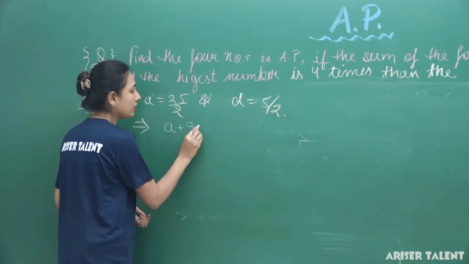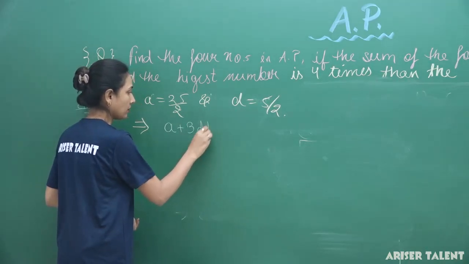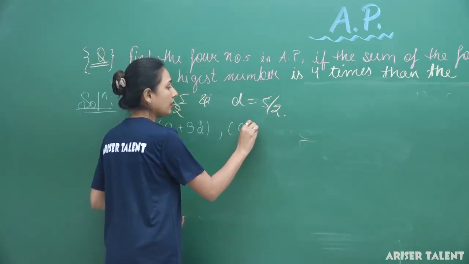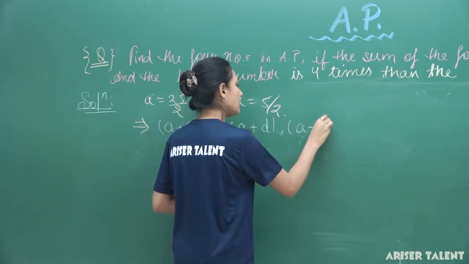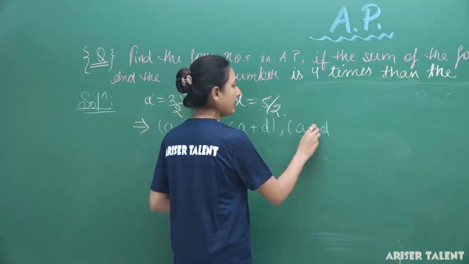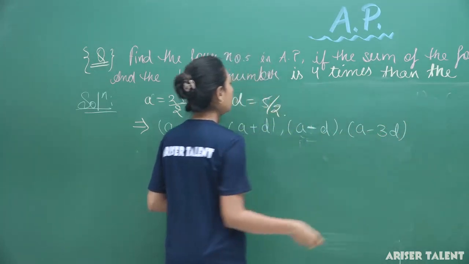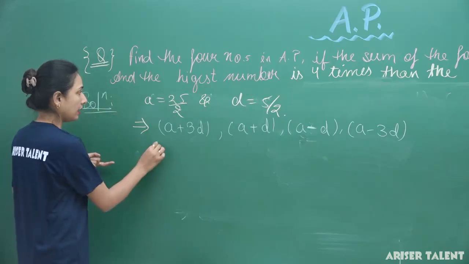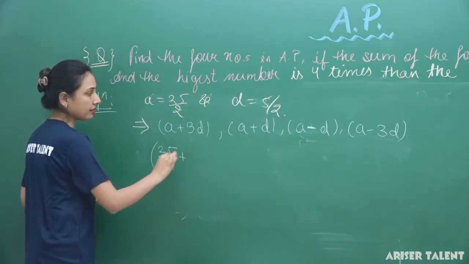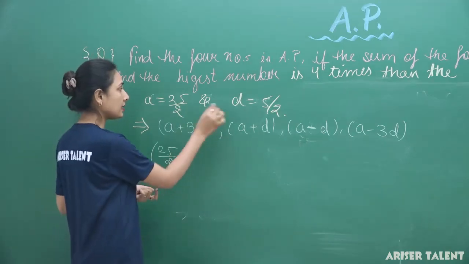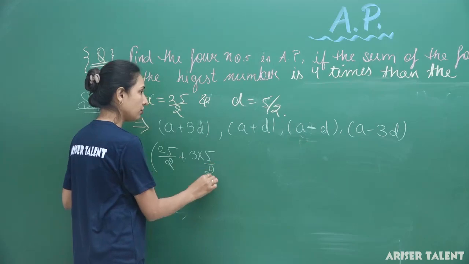A plus 3d, a plus d, a minus d, and a minus 3d. So we are just putting the values here: a is 25 by 2 plus 3d, 3 into 5 by 2.